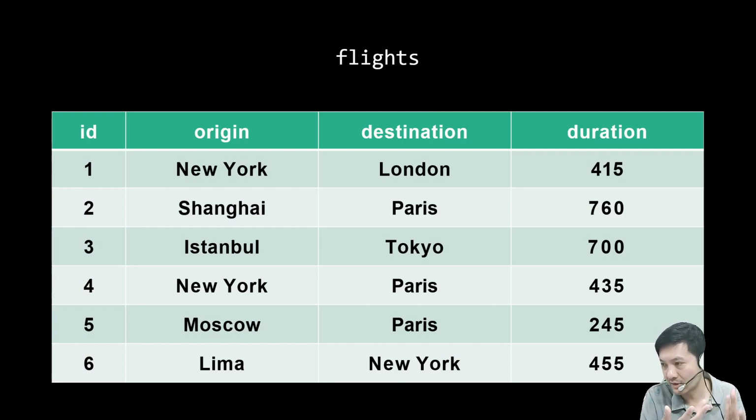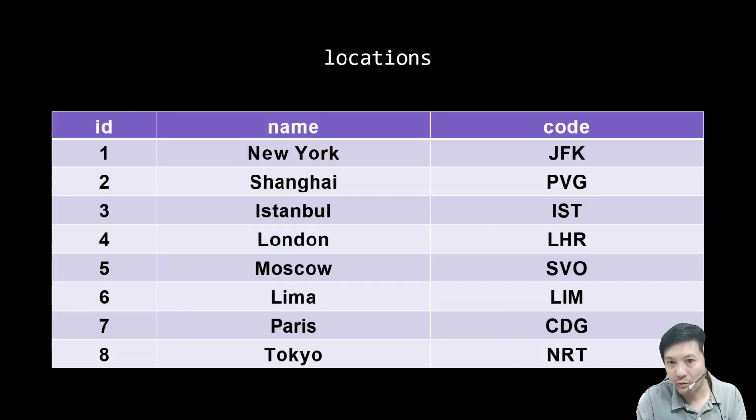This is something called normalization. You extract it, you reduce the number of columns. And also when you want to update something here, for example, I have a new code or have more data in Chinese or whatever, you just update here, then all of the data will update together.